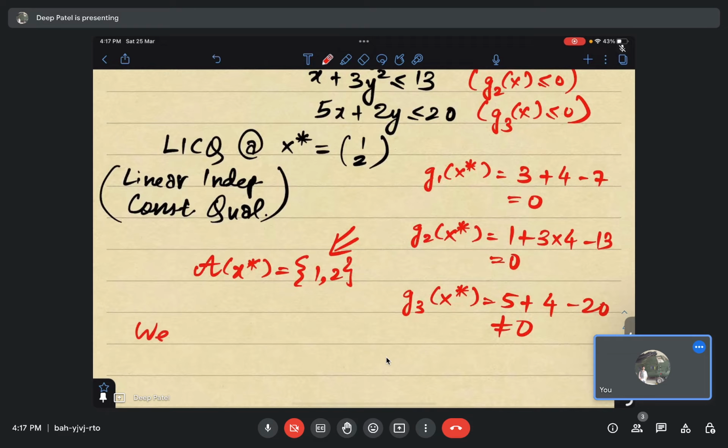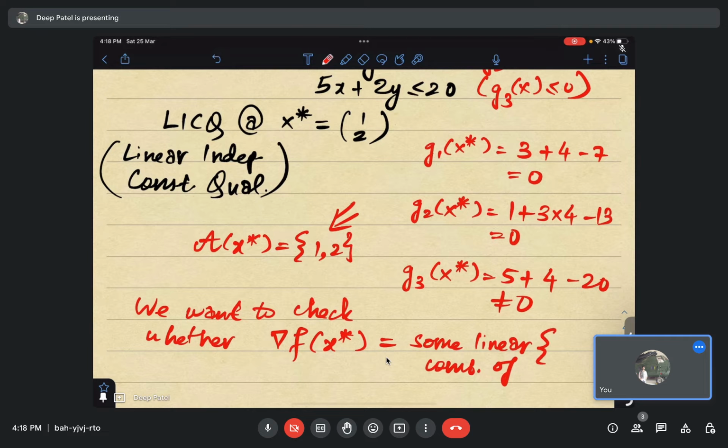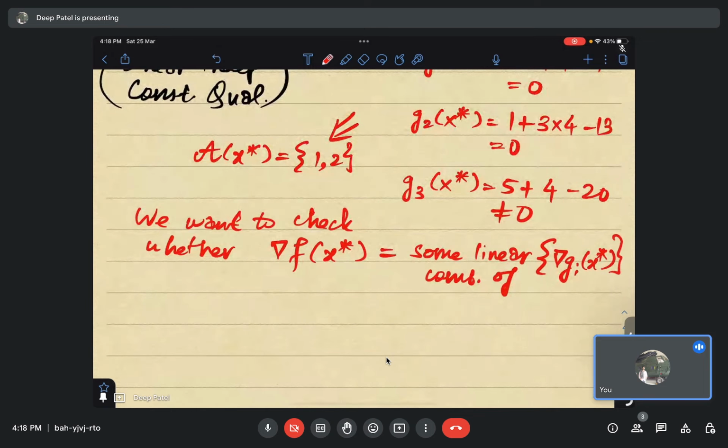So we want to check whether the gradient of f at x star equals some linear combination of the gradients of the active constraints, where i is in the active set A of x star, right?